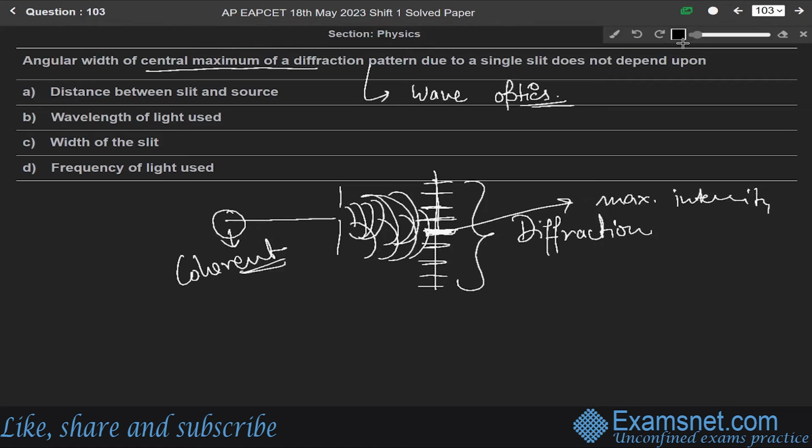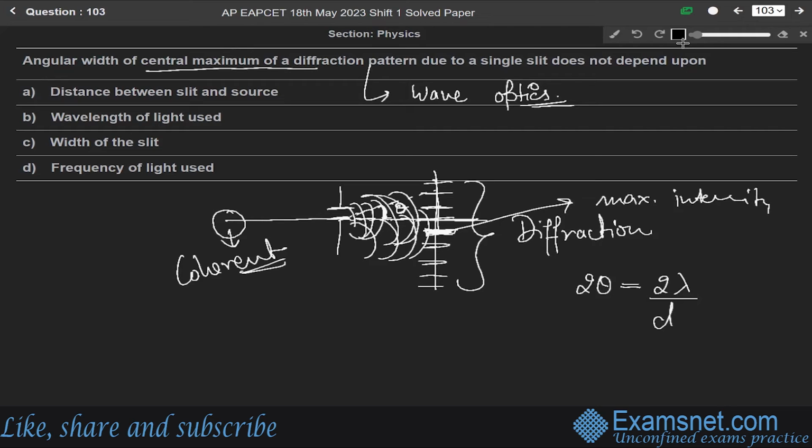So the angular width of central maximum of a diffraction pattern due to a single slit, this is a single slit, is given as 2 theta, which equals 2 lambda over d. Meaning if this is the angle theta which the ray makes with the principal axis, then this whole angle 2 theta will be equal to 2 lambda over d, okay, where d is the slit width and lambda is the wavelength of the light used.